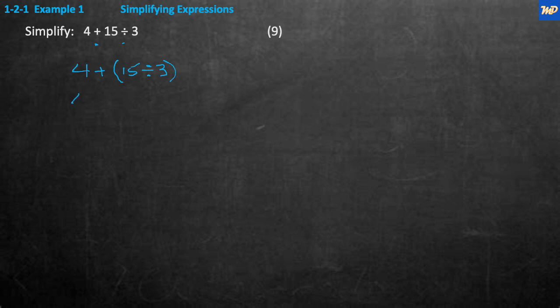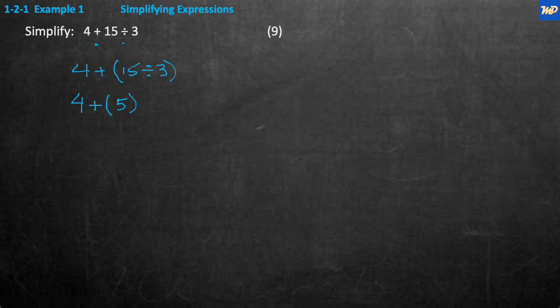So then the next thing I do is I get 4 plus, I have this parentheses. What's inside the parenthesis? 15 divided by 3 is what? 5. So now I have the 5 with the parenthesis. Now there's nothing left inside but a constant number.